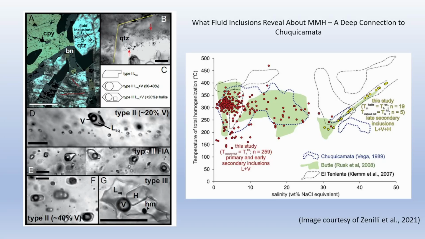These fluid inclusion results show much higher salinities, up to 47 weight percent NaCl, and they have a much broader temperature range, from as low as 127 to way up to 400 degrees centigrade, and that's a big signal.